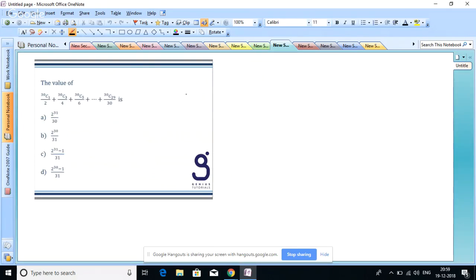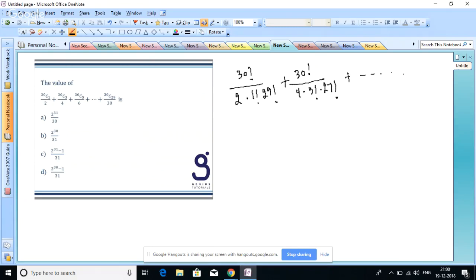Next question is we have to find the value of 30C1 by 2. Okay, 30C1 by 2 is nothing but 30 factorial upon 2 into 1 factorial into 29 factorial, plus 30 factorial upon 4 into 3 factorial into 27 factorial, plus so on, and the last term will be like this, 30 factorial upon 30 into 29 factorial.